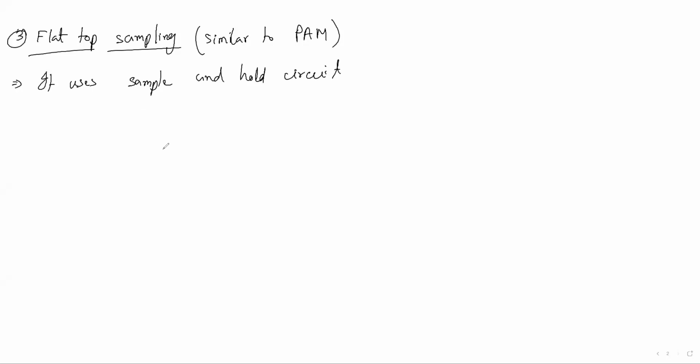How will the plot be? Let me give it. Suppose initially we have a sampled signal which is produced by the impulse signal.